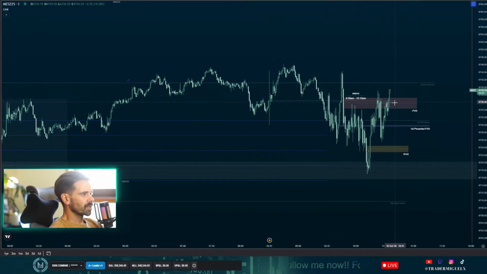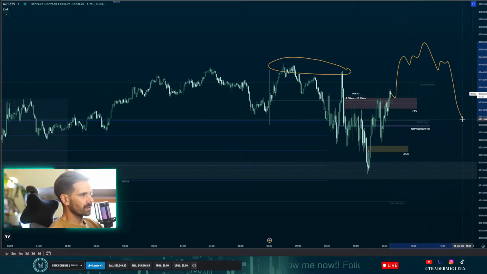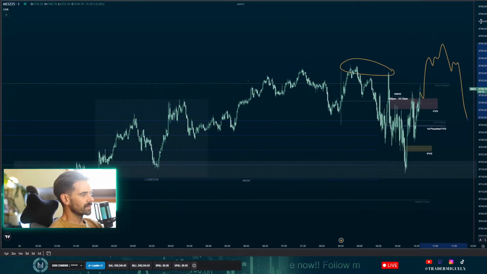Yeah, longs will definitely get away with this liquidity here, but as soon as we take out these longs, we might reverse once again, because I'm getting that type of vibes.